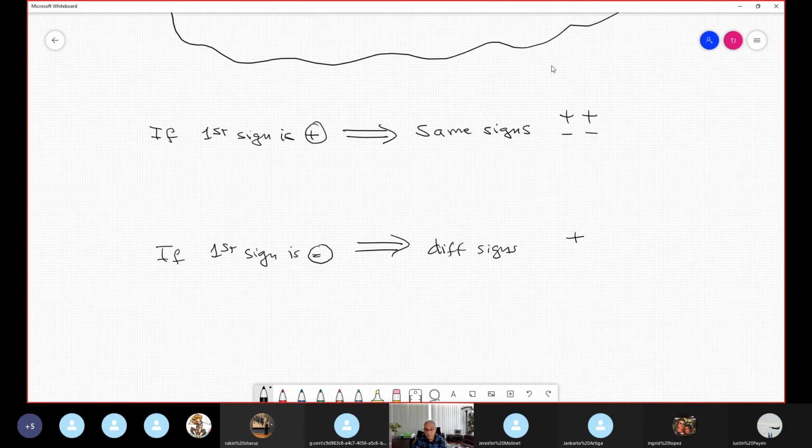Sometimes in mathematics, the formula is not like 2x plus 3 equals 5. Sometimes the formula has a different logic. Plus, minus, minus, plus. I didn't finish.